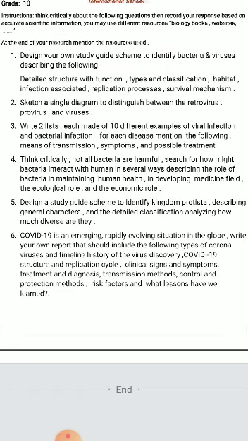It's transmitted from bats, then how it could be transmitted from one organism to another, and the control and protection methods, risk factors, and what lessons we have learned so far.